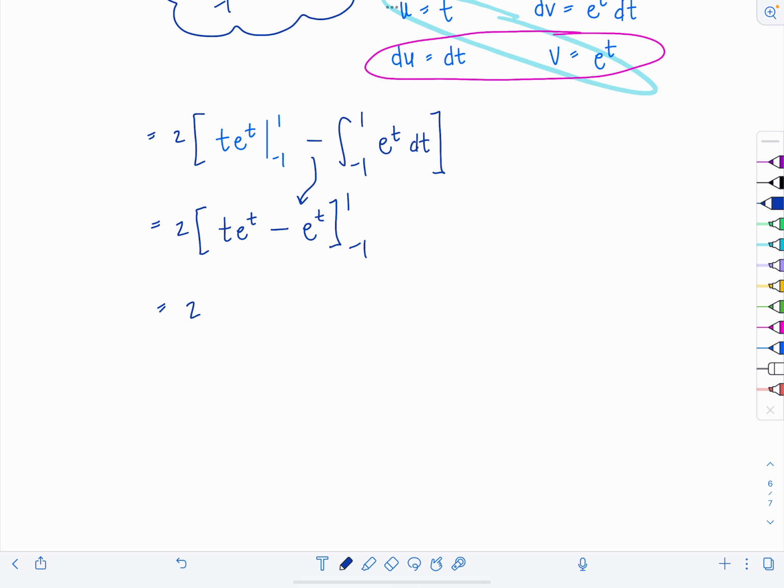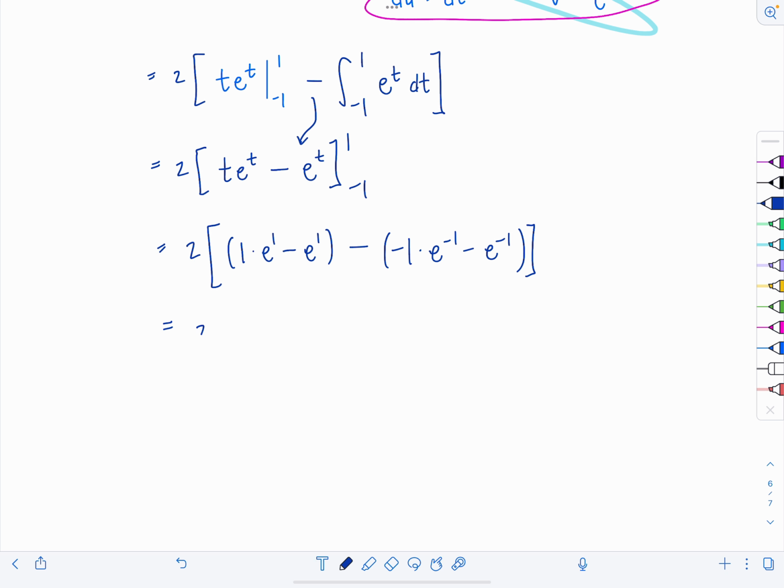All right, so we've got 2 times. I'm going to substitute in 1 now. 1 times e to the first minus e to the first minus, -1 times e to the negative first minus e to the negative first. This is fun. Okay. 2 times, this is just e minus e. Oh my goodness.